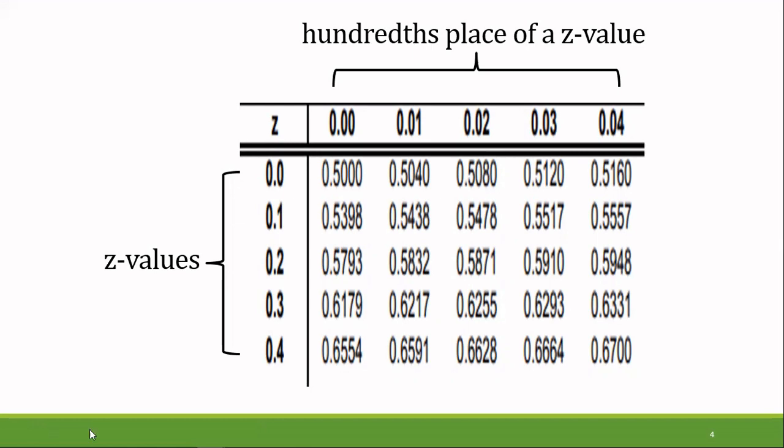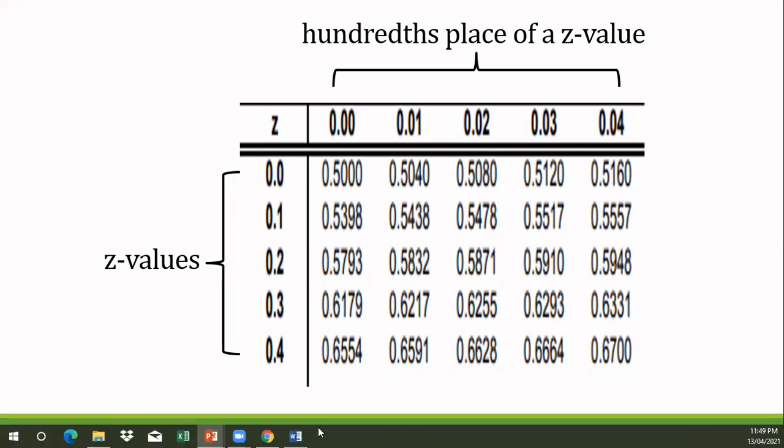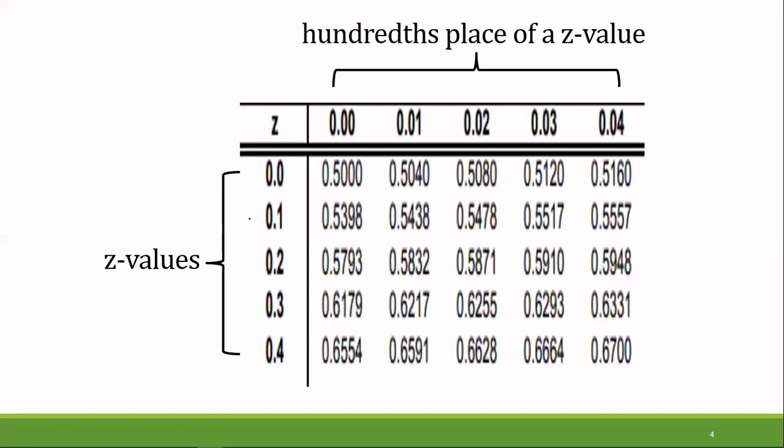Meaning to say, the ones value and tenths value of our z-value, we need to look at in the vertical part of the table. And the hundredths value of our z value, we need to look at in the horizontal part of our table.